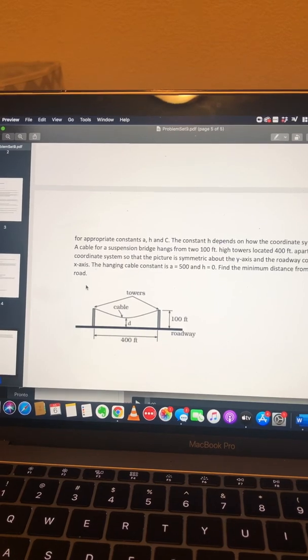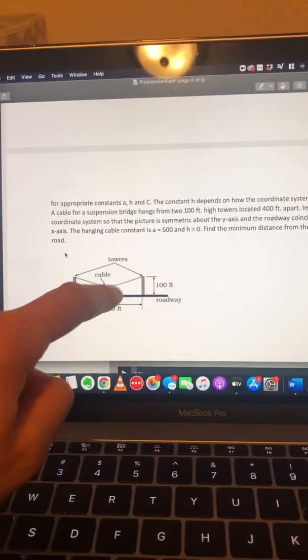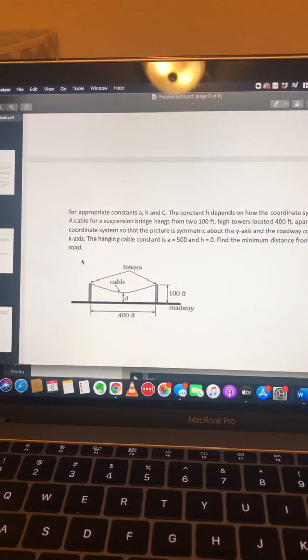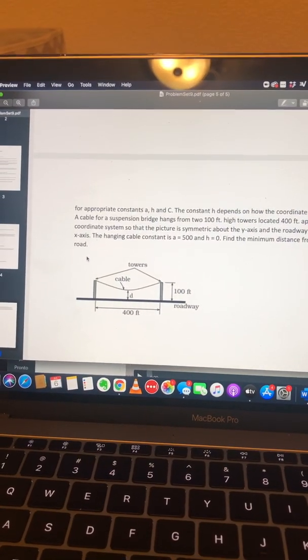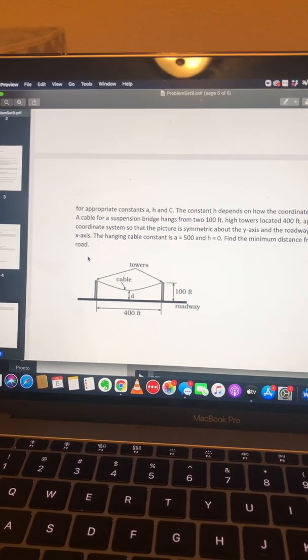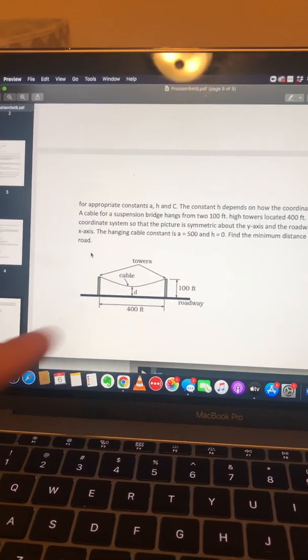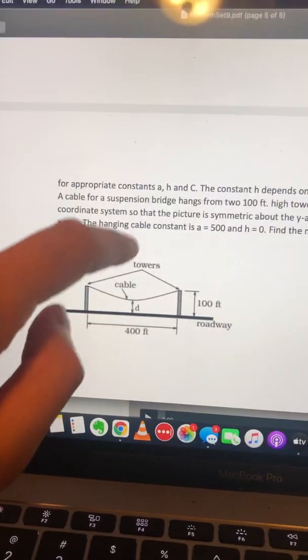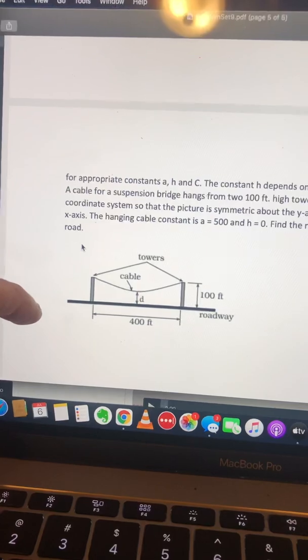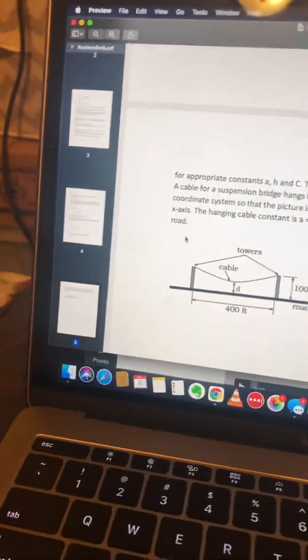And that equation is for a cable suspended from two 100-foot towers that are 400 feet apart. Impose a coordinate system so that the picture is symmetric about the y-axis and the roadway coincides with the x-axis. So we're basically right where this arrow for D is, that's going to be the y-axis, and this roadway is going to be the x-axis.